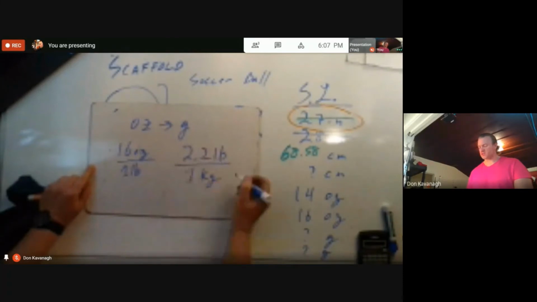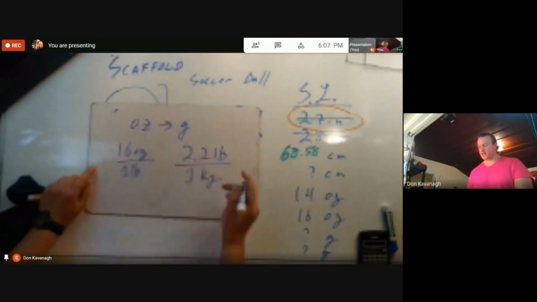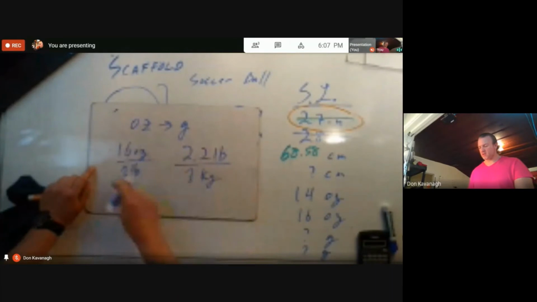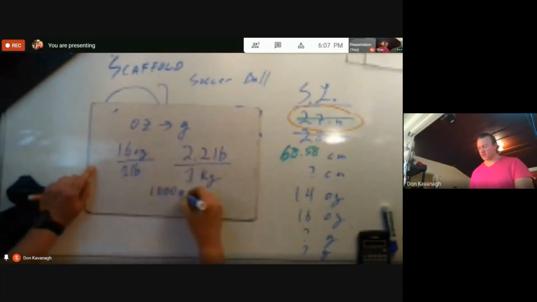So this is giving me kind of a train car to connect here. Eventually, I need to start with ounces and end with grams. Now, I still don't see grams in anything here, but I do know that there are 1,000 grams in 1 kilogram.